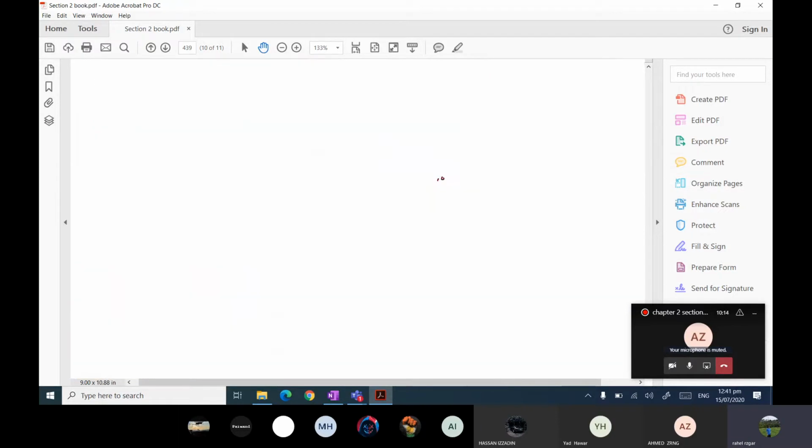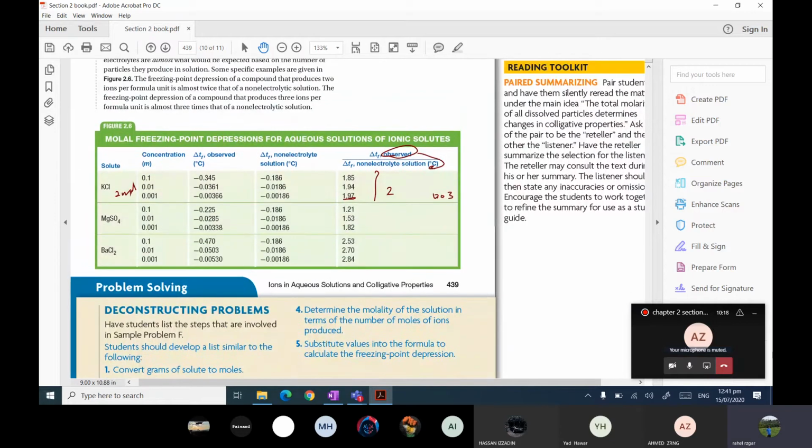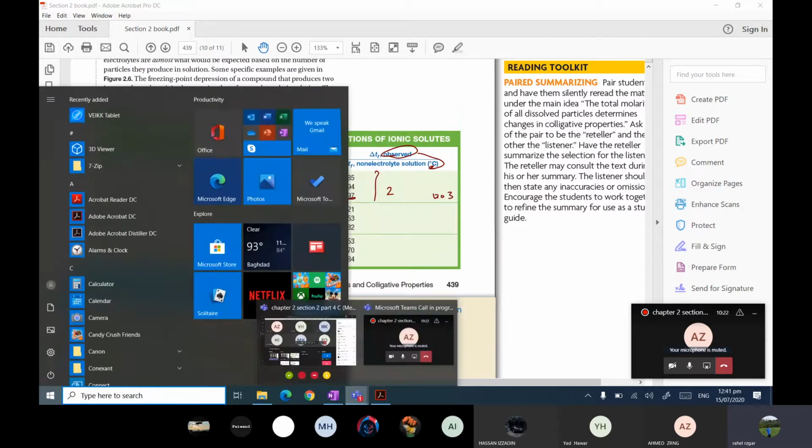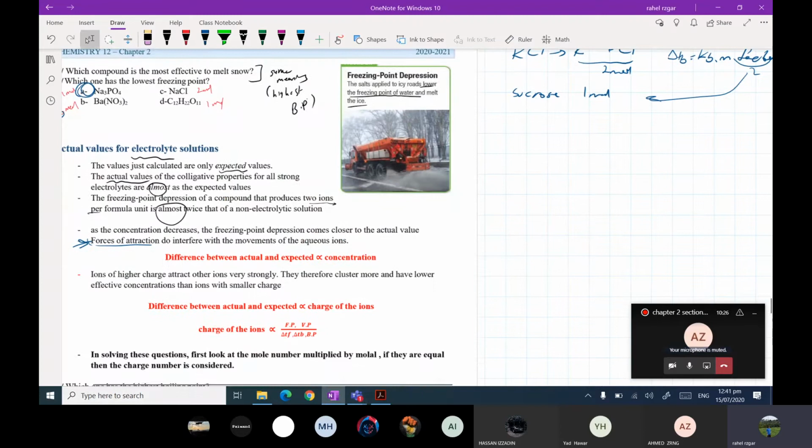What is the difference? 0.03. What do we call that part? We call it the difference between actual and expected.